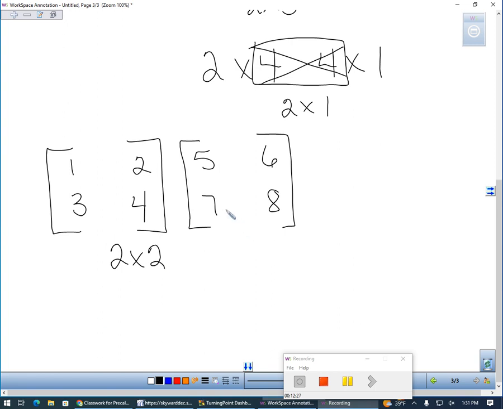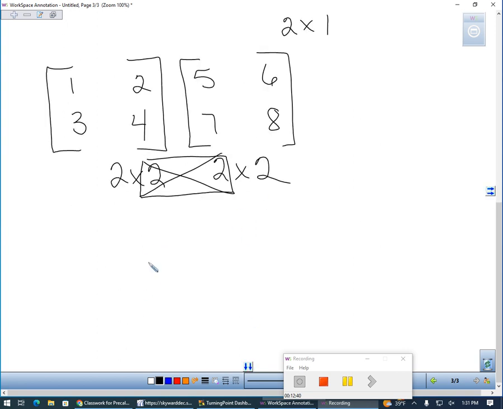The second one I'm multiplying by is 2 rows by 2 columns. And see, these match. I'm going to cross that out, and that means my answer is going to be a 2 by 2. All right, are we all good so far?